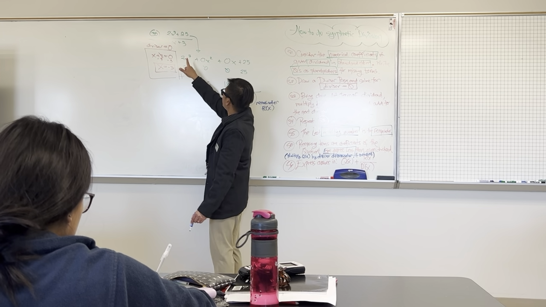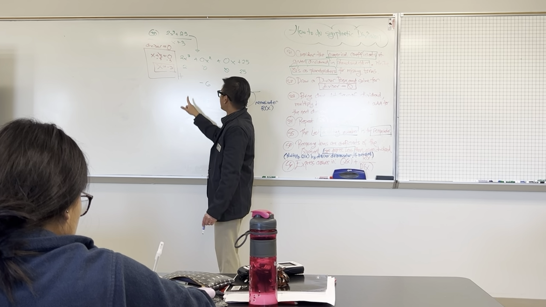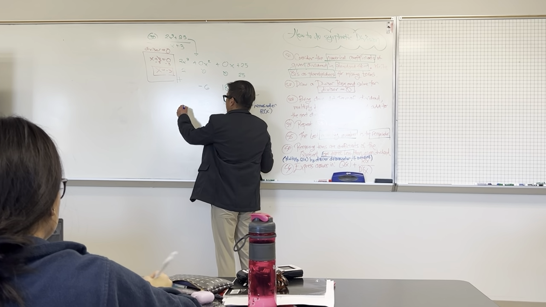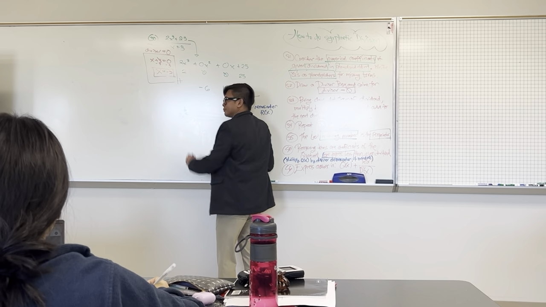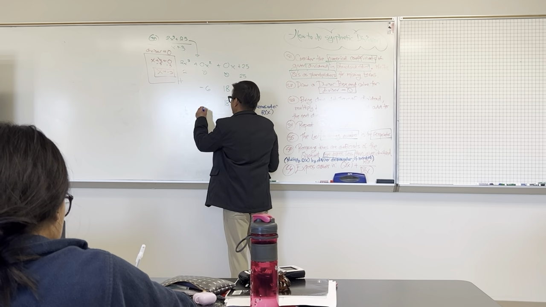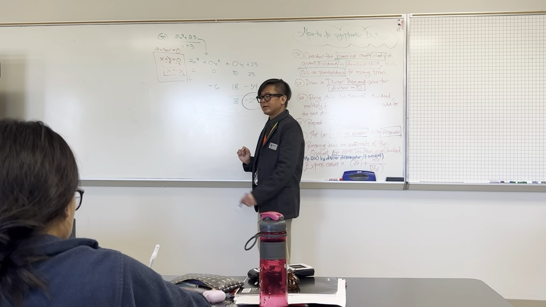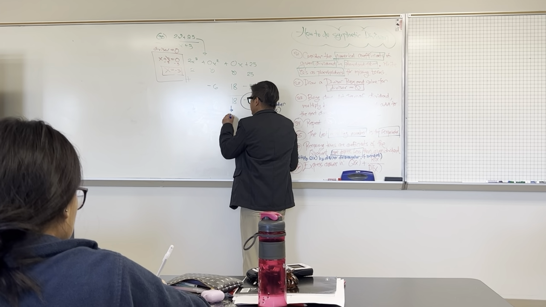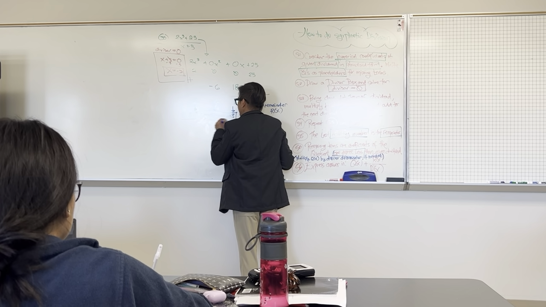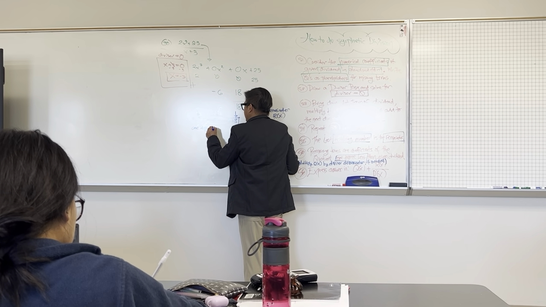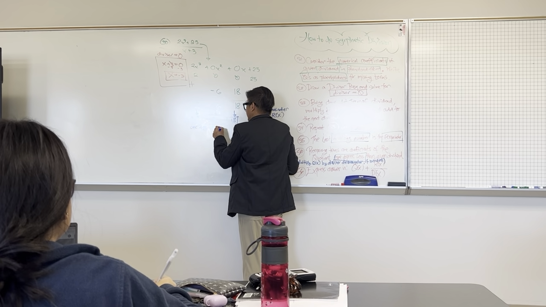If your dividend is degree 3, then this is degree 2. So this is 2x squared minus 6x plus 18. As you may notice, this is 1 degree less than the dividend.